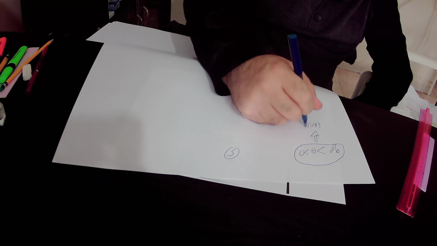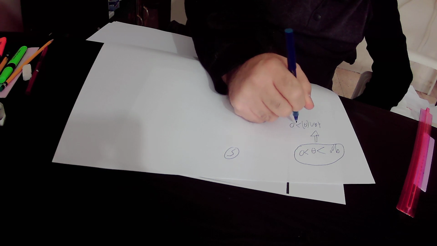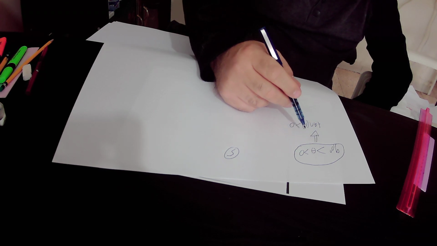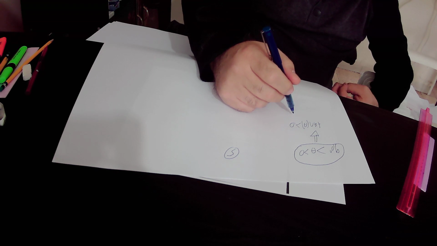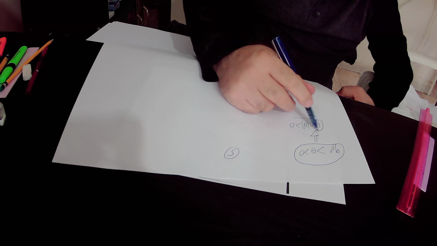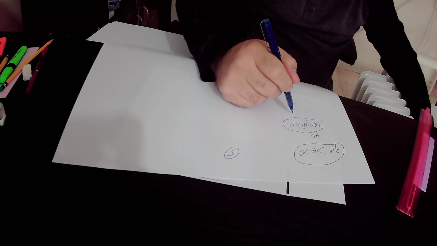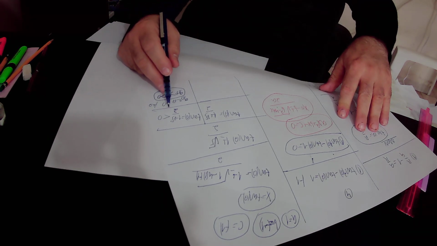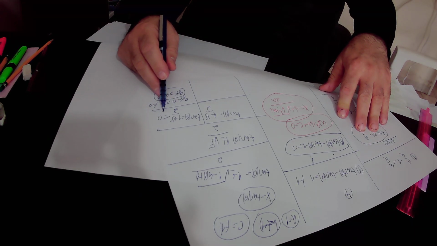Tangent theta is greater than 0 when theta is from 0 to 90 degrees. So we got that tangent theta must be a positive number, but according to the second solution, tangent theta is less than 0. It is a negative number.